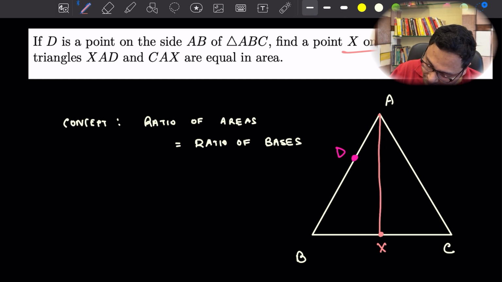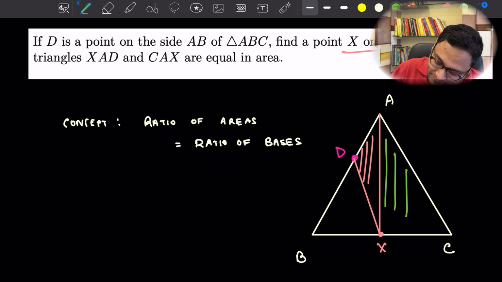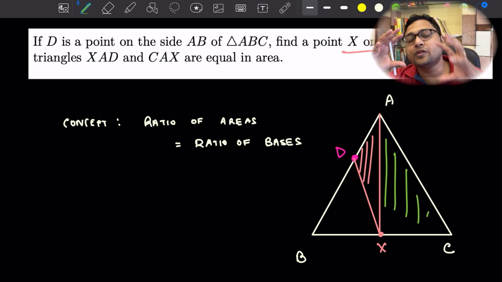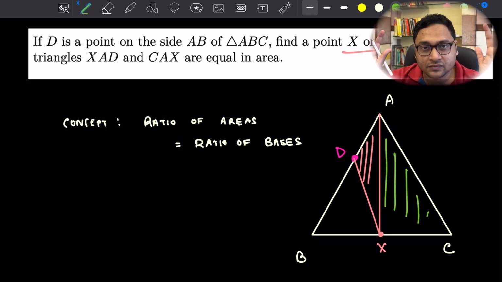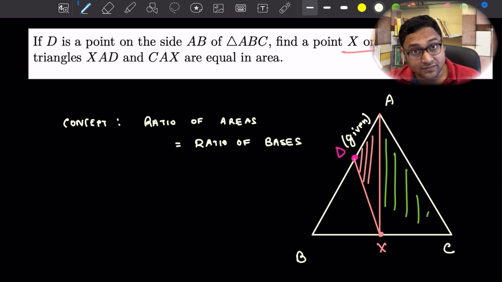the area of XAD and the area of CAX, these two areas are equal. Remember, the point D is given, so you can't change the position of the point D. You can study specific positions of point D, but once you fix D, it's a constant, it's fixed.